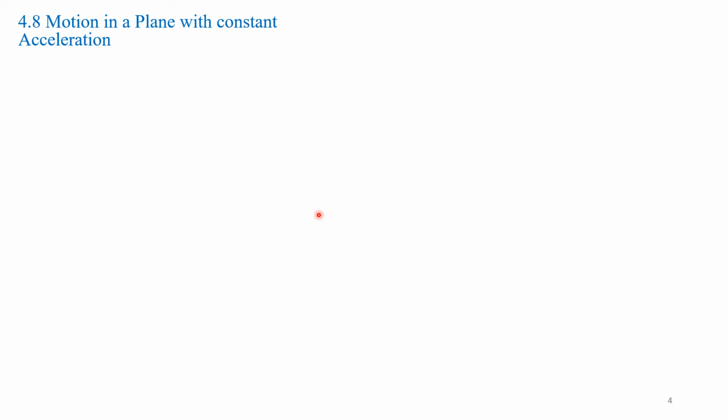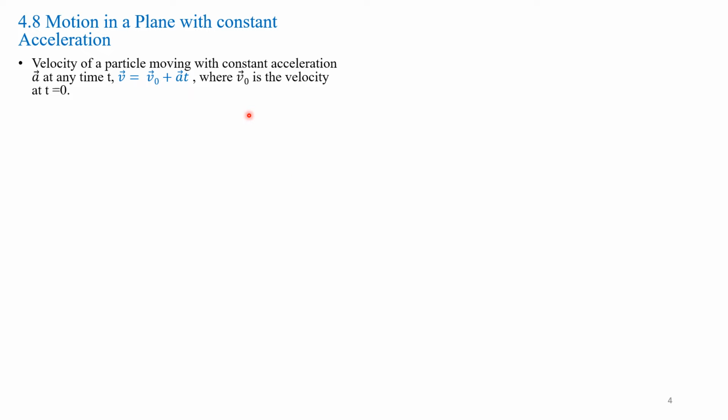Motion in a plane with constant acceleration. The velocity of a particle V moving with a constant acceleration A at any time t is given by the equation vector V equals vector V naught plus a t, where V naught is the velocity at time t equal to 0.